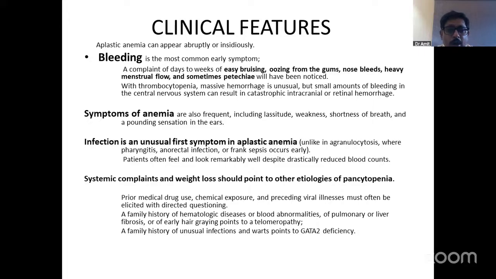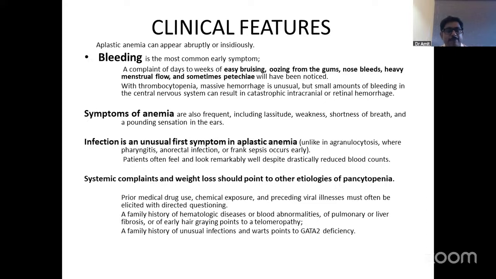Patients rarely have systemic complaints. If they have systemic complaints or weight loss, you need to look out for other comorbid conditions or other etiologies of pancytopenia. A proper drug history, chemical exposure, and preceding viral illness may lead to a clinical diagnosis of the etiology of pancytopenia.